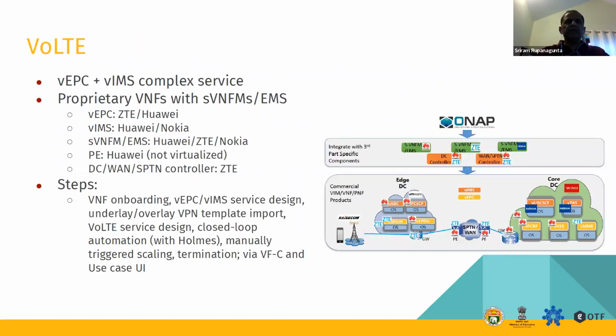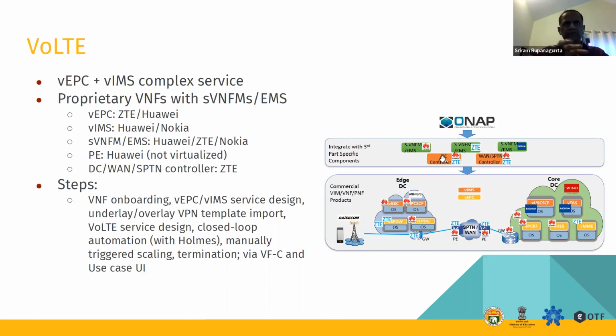Similarly, Volti. So it's a proprietary service, but once you have the license for all of these components, you can use ONAP to orchestrate and instantiate them and start using them.